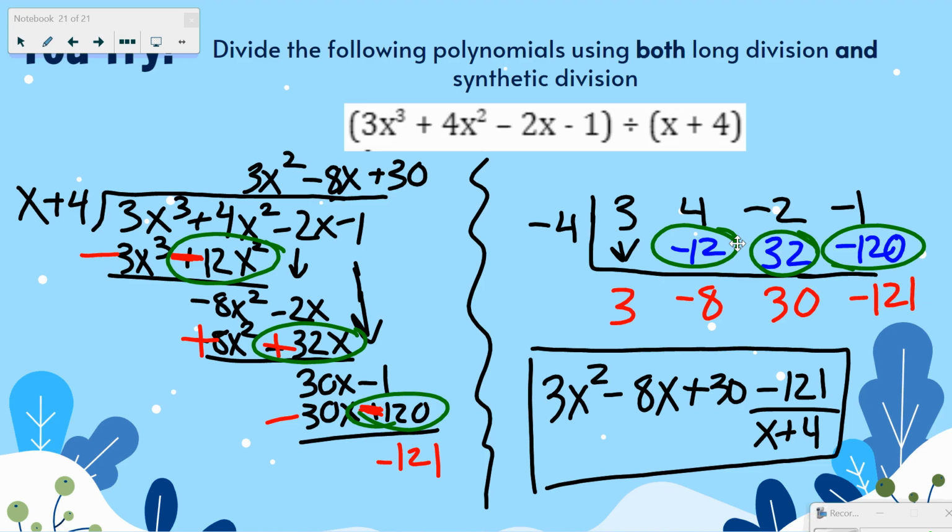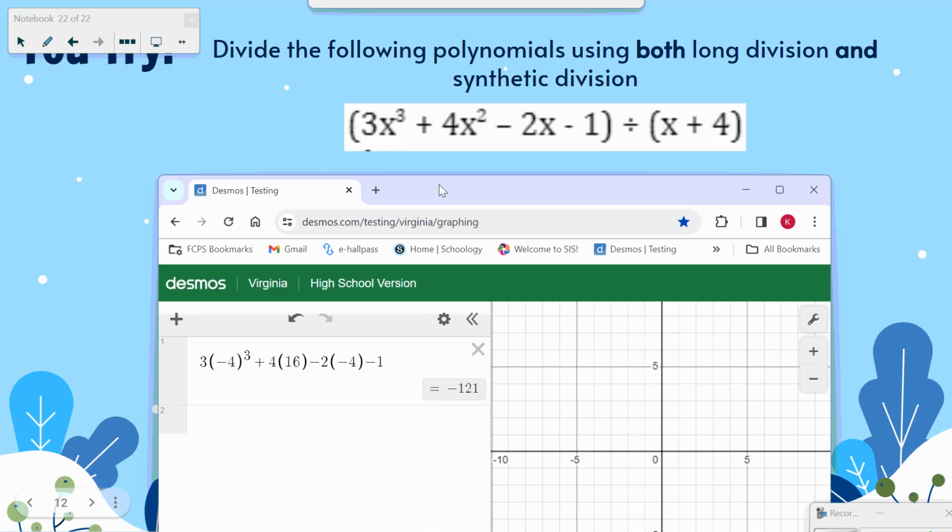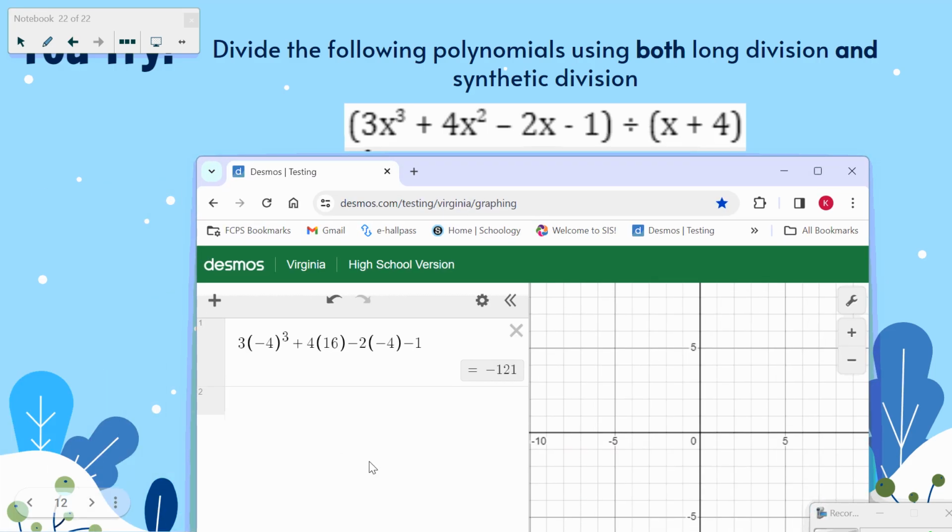This theorem is called the remainder theorem. What the remainder theorem says is that no matter what type of division you do, if you're dividing by a linear factor, like we are here with x plus 4, I got my remainder of negative 121. Think about the number I would have used for synthetic division, which would have been negative 4, what would have made this value 0.